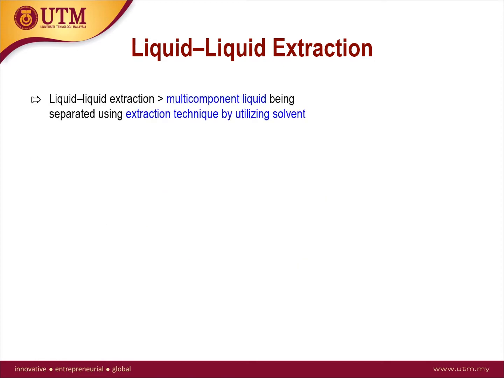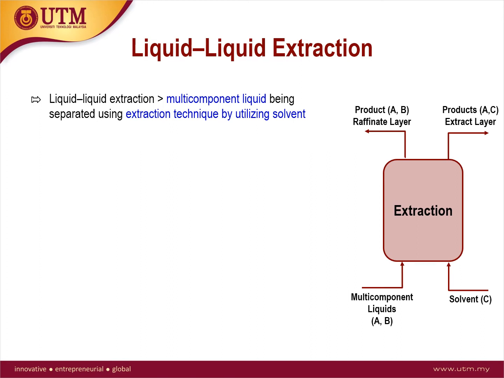The liquid-liquid extraction is a process where a multi-component liquid is separated using an extraction technique by utilizing a solvent. The schematic diagram of the liquid-liquid extraction is presented here. The multi-component liquid consists of component A and component B, where the solute is component A, and B acts as the diluent.